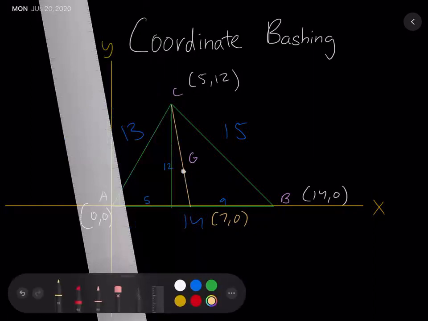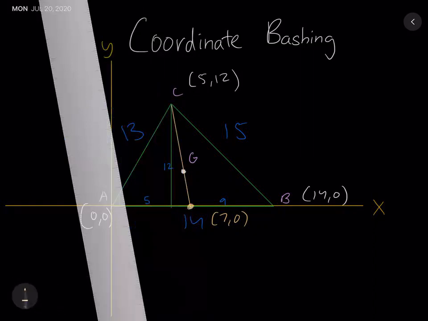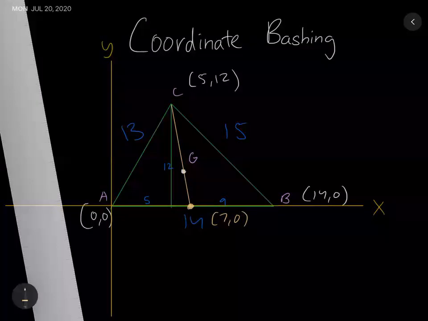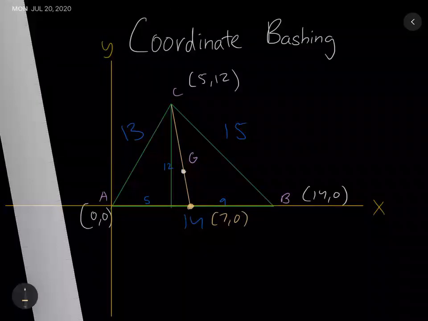And we know that this intersects at a point here, and that point is (7, 0). Now we have two points, so we can define the line with algebra, through an actual expression.